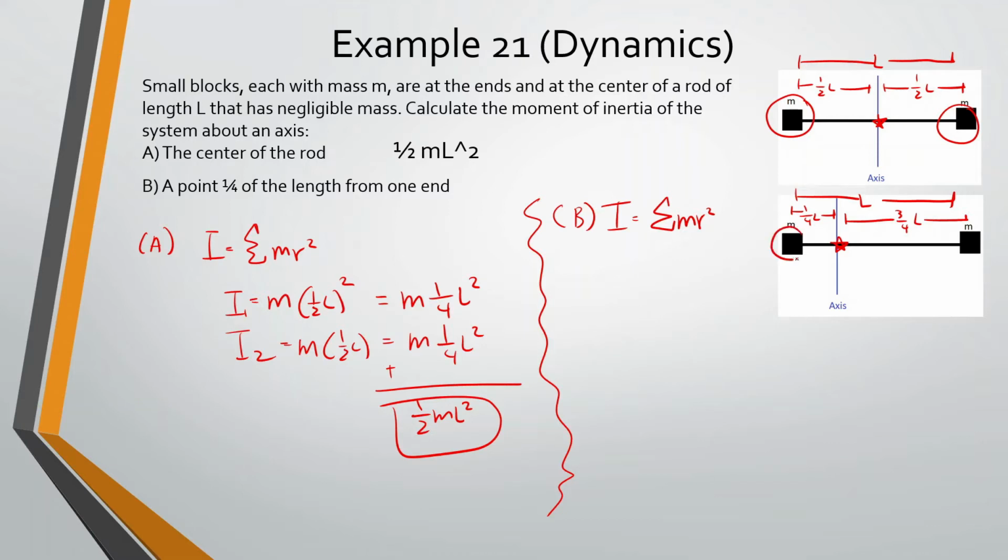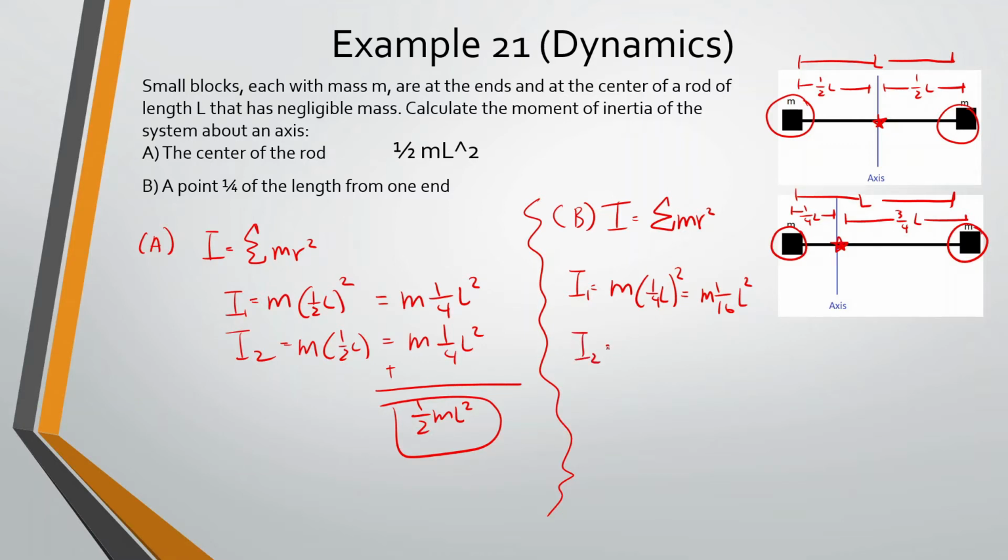Let's do this one on the left first. So I1 is equal to the mass, which is just m, times how far it is from the axis of rotation, 1/4 L, all squared. So this is going to be equal to m 1/16 L squared. Now let's figure out what the inertia of this one is from this rotation here.